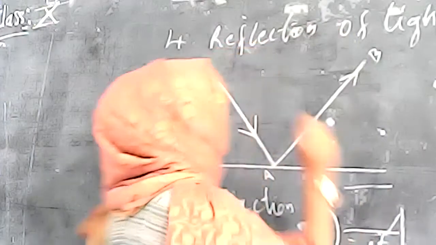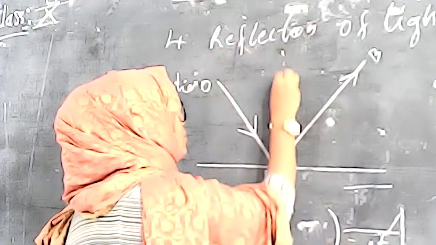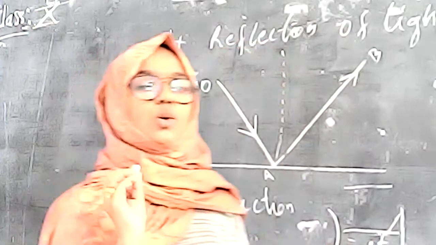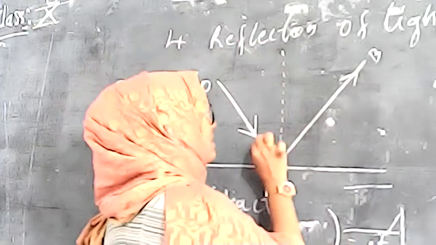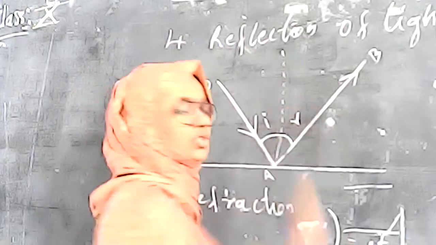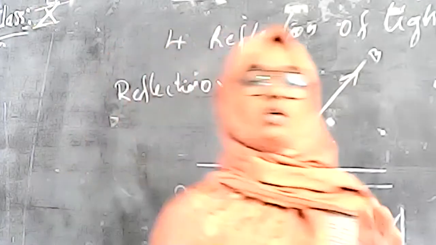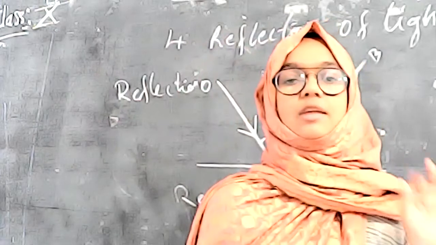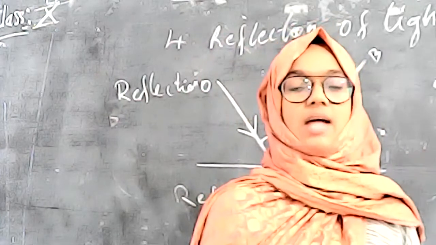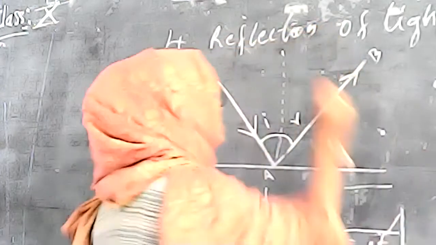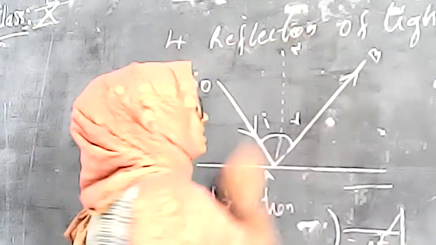When reflection occurs, two angles are formed, that is the angle of incidence and the angle of reflection. So a reflection has an incident ray, an incident angle, a reflected ray and a reflected angle. These angles are marked on the basis of the normal to the surface.